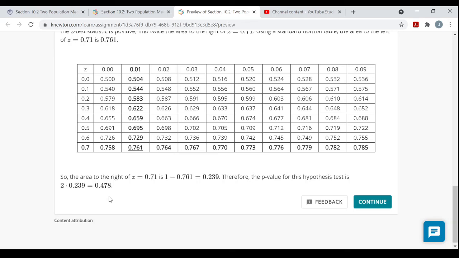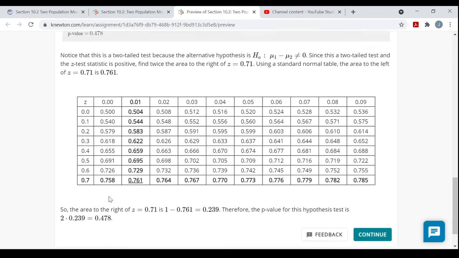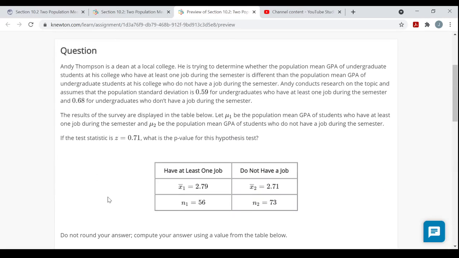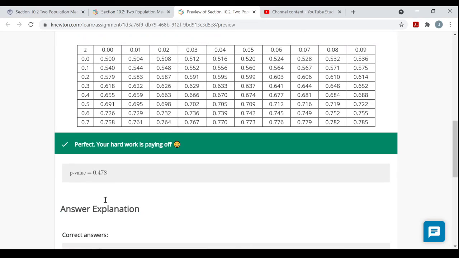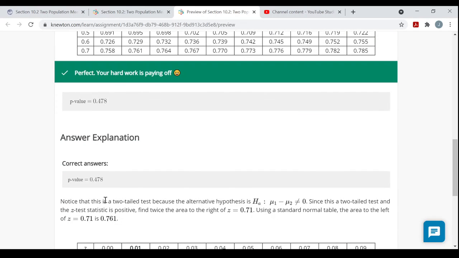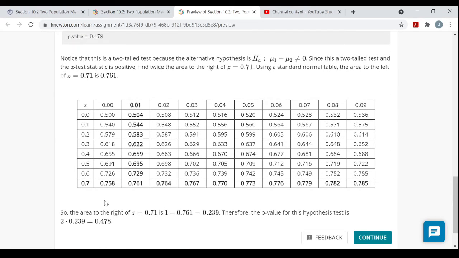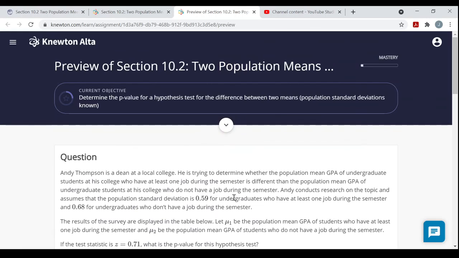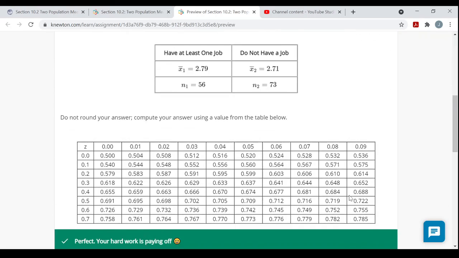You fail to reject the null hypothesis. In this case, we weren't given an alpha, but I would say we're probably not going to reject the null hypothesis here. But all we're asked to do is find that p-value, determining the p-value for a hypothesis test of a difference between two means.